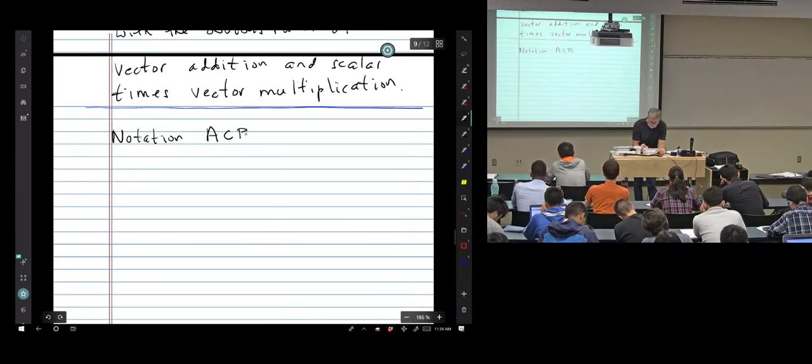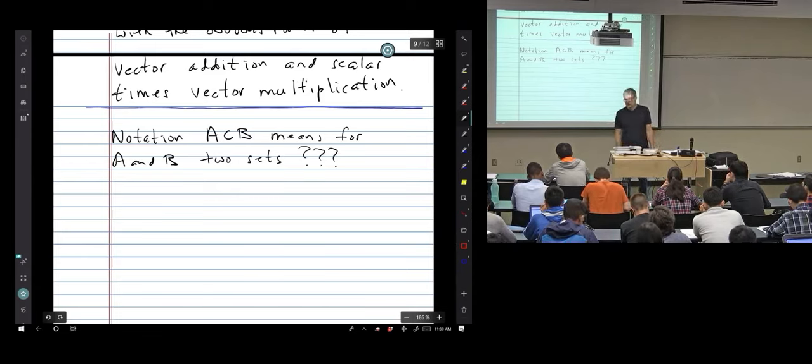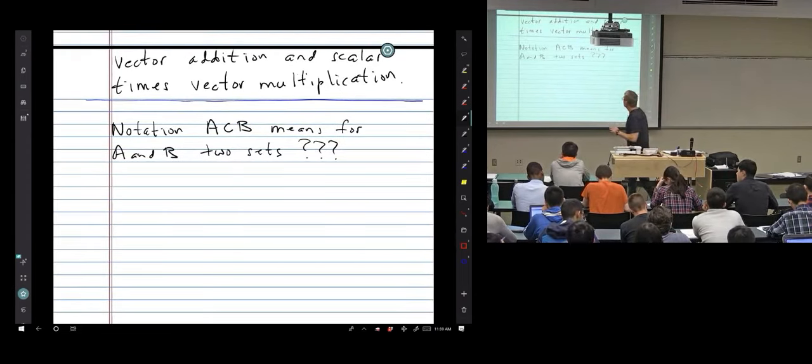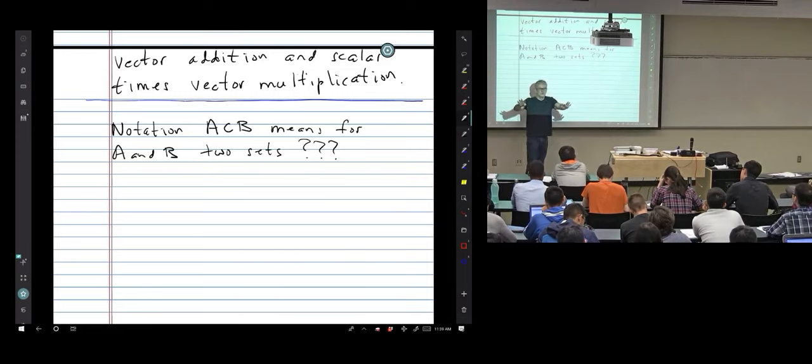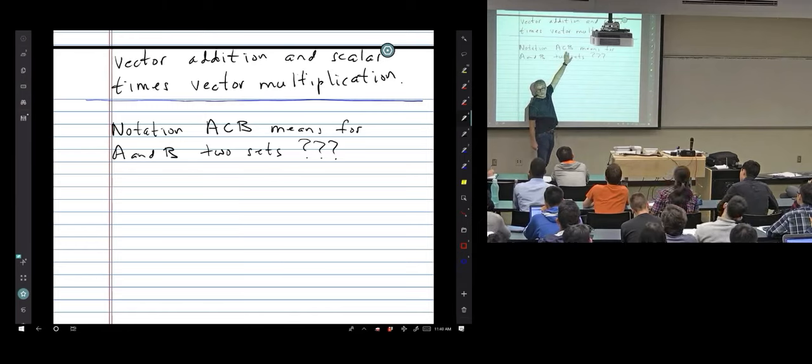A contained in B, for A and B two sets. The only thing I'm clarifying here is that some of you, maybe only 2 or 3, but probably 10, want A to be strictly smaller than B if it's a subset, okay?